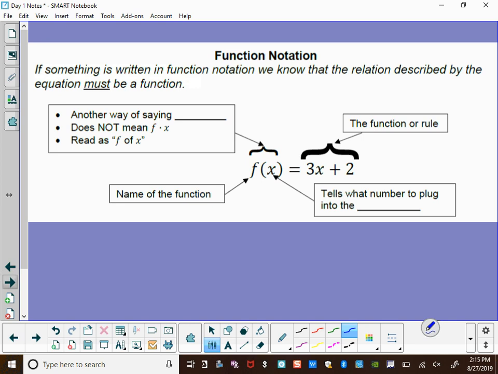So function notation. If something is written in function notation, we know that the relation described by the equation must be a function.